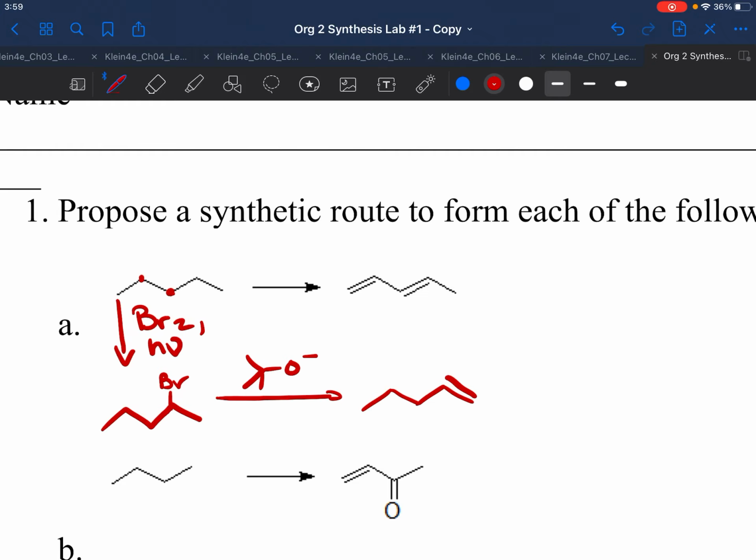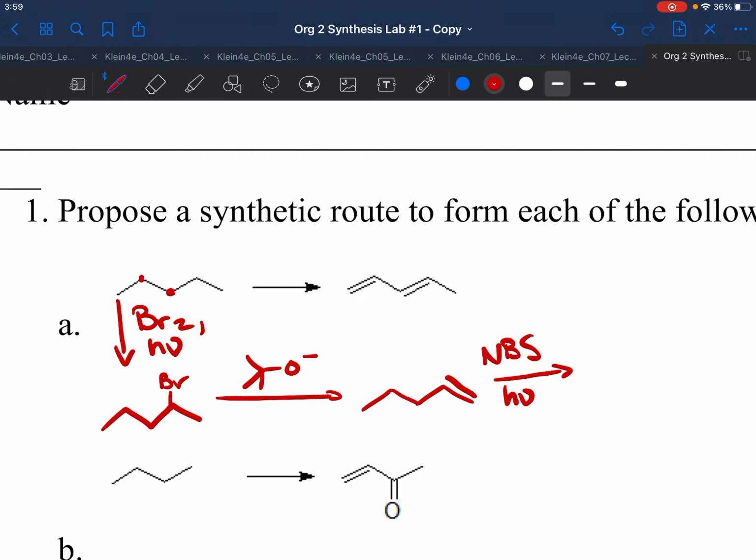Okay, so now I have a double bond in place. It's this one right here, guys. Okay, so what do I do next? Well, I'm going to repeat the process, but I can't use Br2. If I use bromine with a double bond, it is going to add across the double bond. So now I have to use NBS and light.